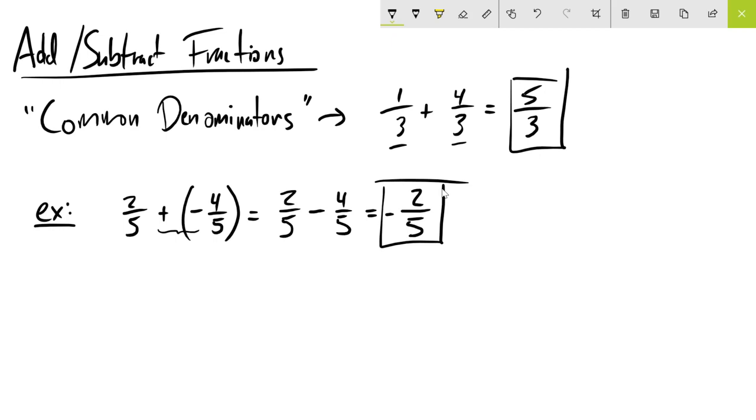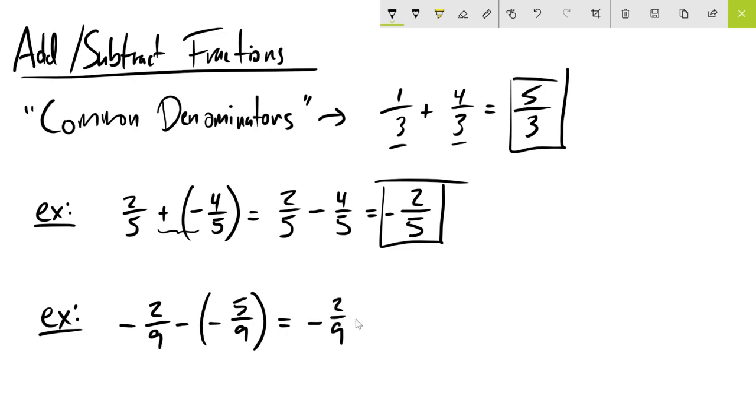All right. So far, so good? Okay. I'll just give you one more example. Let's say we had negative 2/9 minus negative 5/9, just to review some of our properties of adding and subtracting negatives. Anytime you see a minus, what do you do? You immediately realize that's not really subtraction there at all, because when you minus a minus, it just becomes plus.